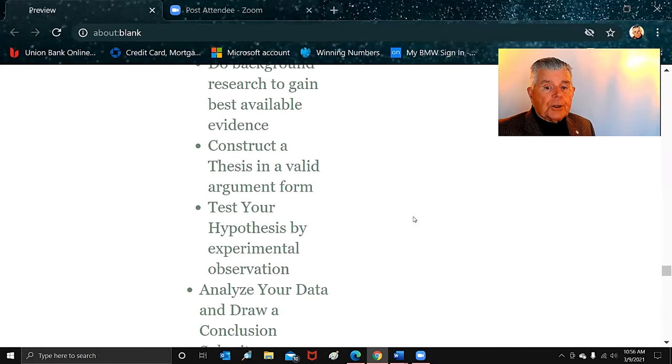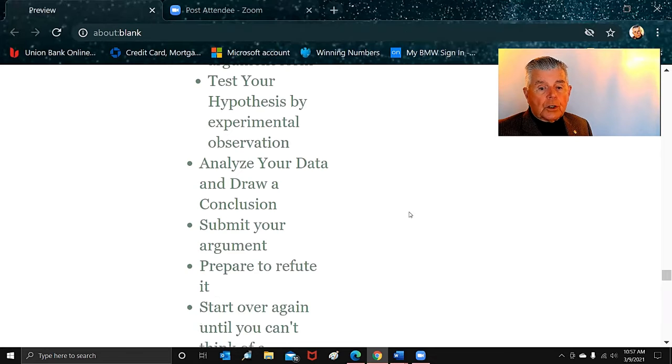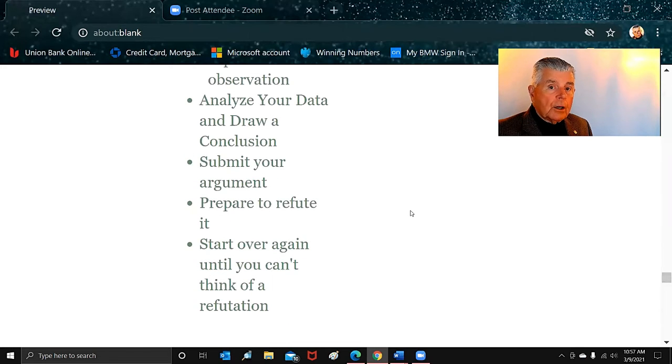Then you'll be able to construct a thesis using a valid argument form. You'll be able to test your hypothesis, your thesis, by experimental observation or by definitional analysis, depending upon what your argument is. You won't use observation in ethical and moral or political topics. You'll use analytics. Analyze your data and draw your conclusion. Submit the argument. Prepare to refute it, and to have it refuted by others, and start all over again until you cannot think of a refutation.